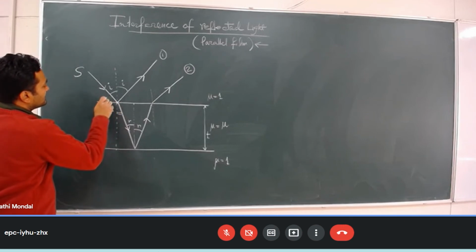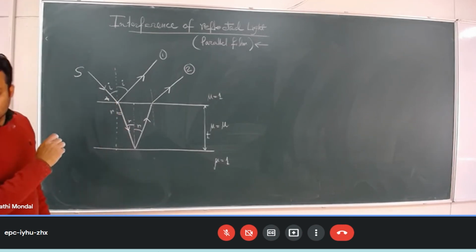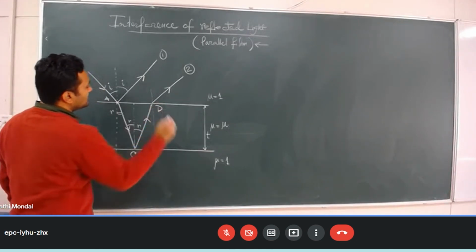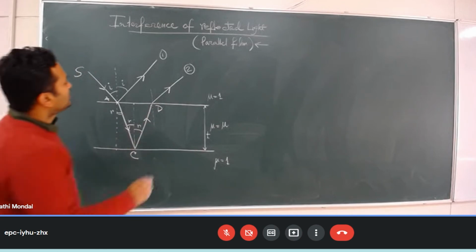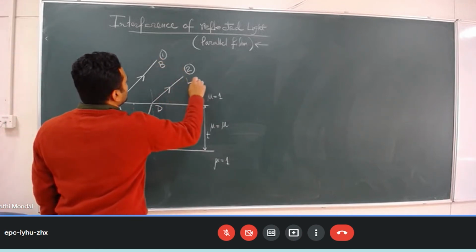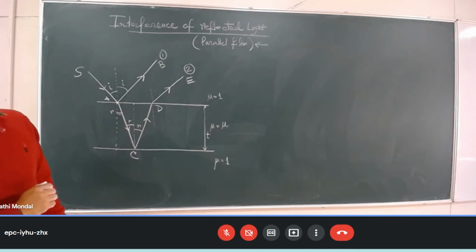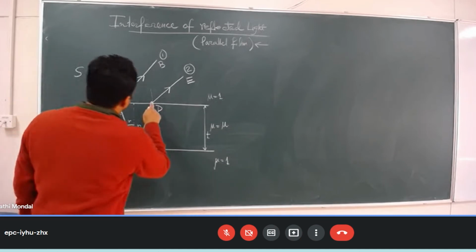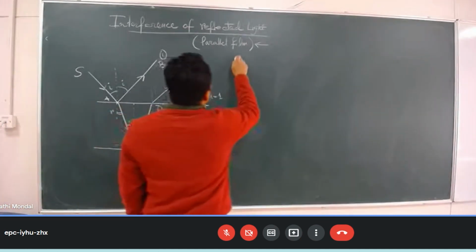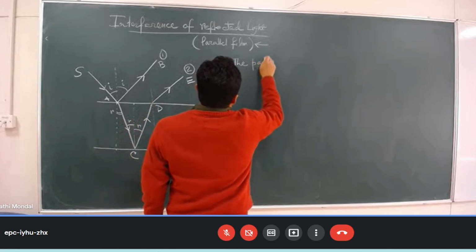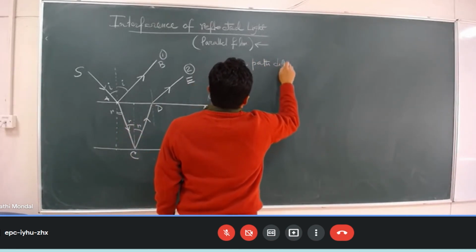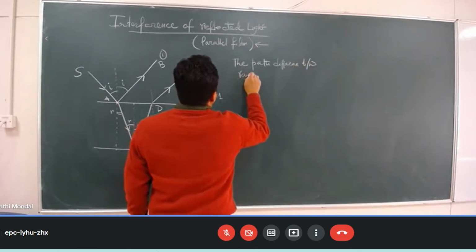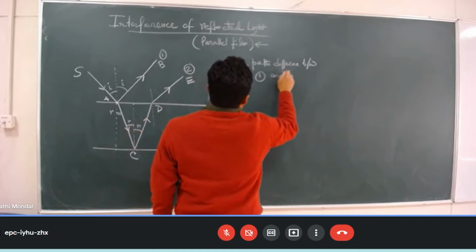Let's say this is point A, this is C, this is D, this is B, and this is E. Now we have to find the path difference between ray 1 and 2.